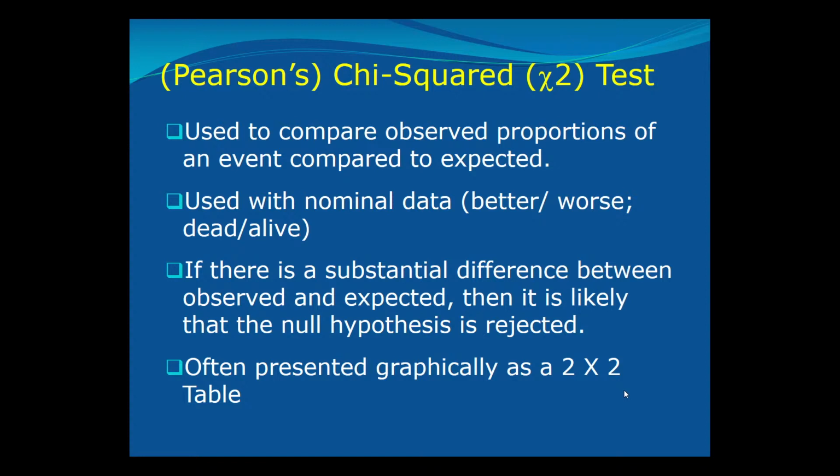Pearson's chi-square test is used to compare observed proportions of an event to expected, used with nominal data. Examples of nominal data are better, worse, dead, alive, and so on, for binary data. If there is a substantial difference between observed and expected, then it is likely that the null hypothesis is rejected, often presented graphically as a 2-by-2 table.